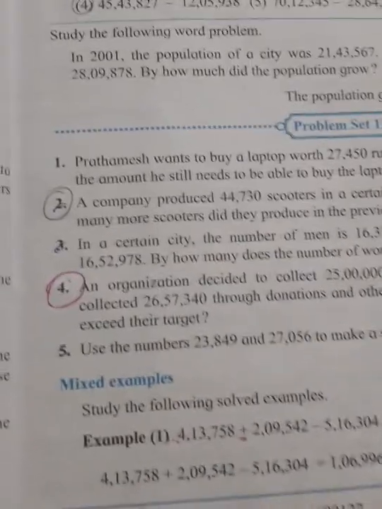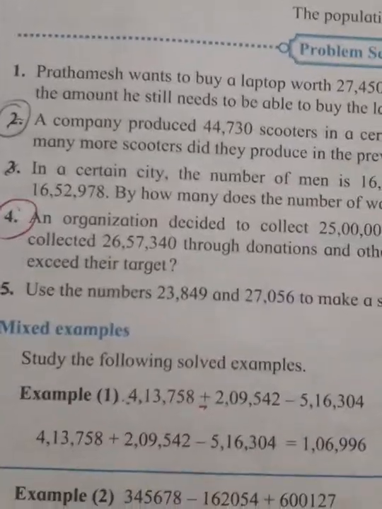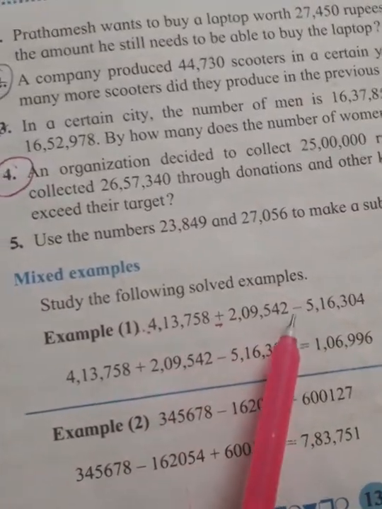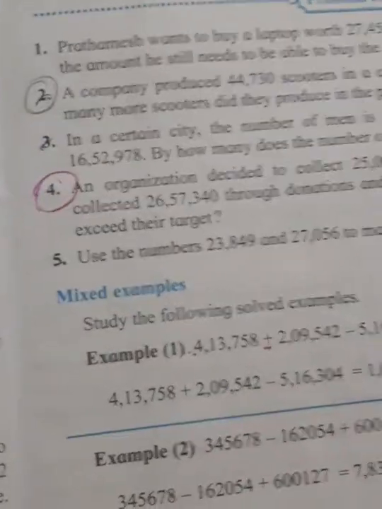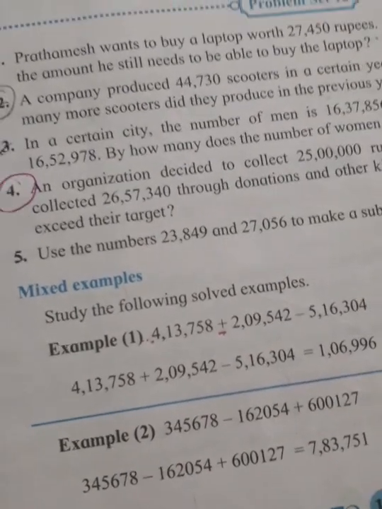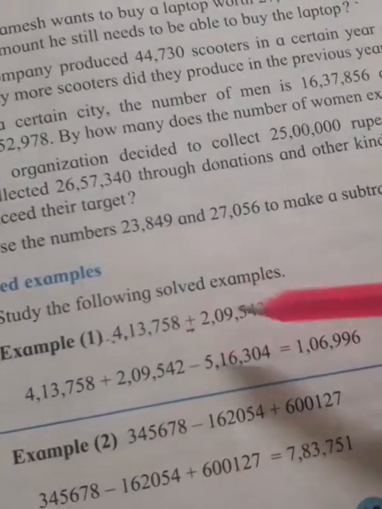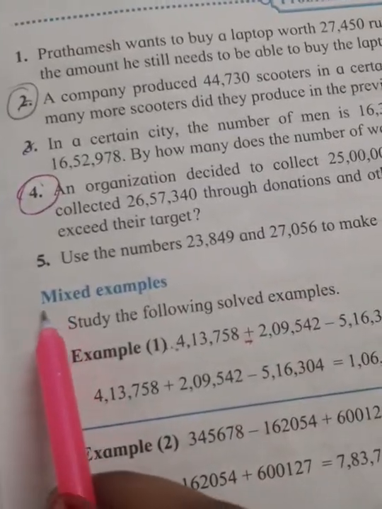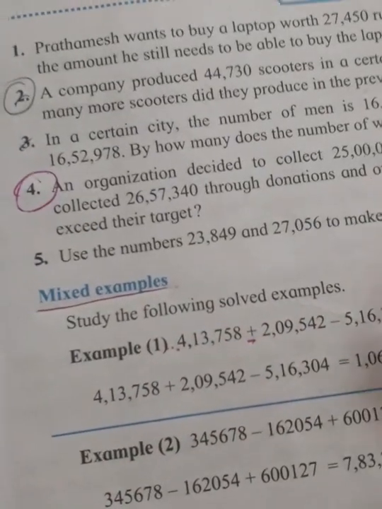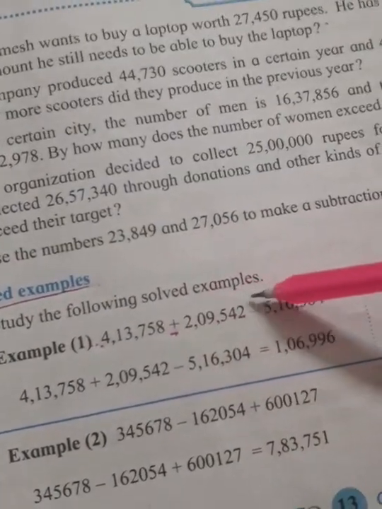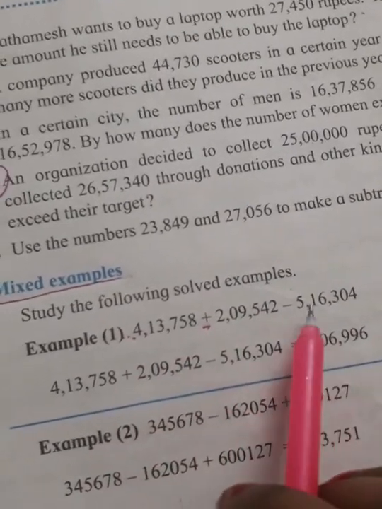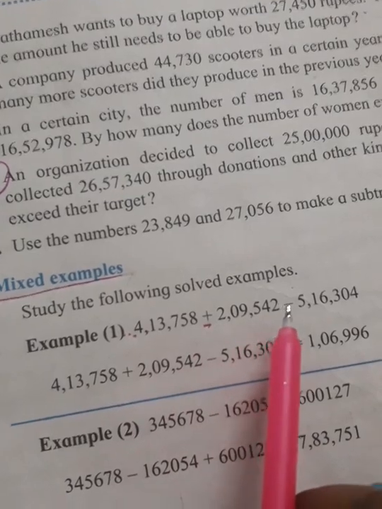In maths, addition and subtraction are the operations of maths. A mixed example means an example which will contain addition also and subtraction also. Here you can see that we have addition also and subtraction also.